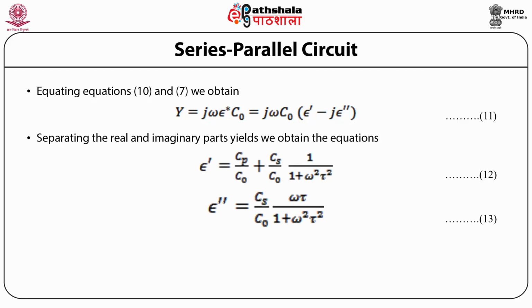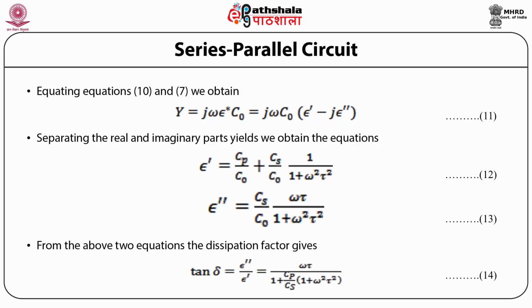Separating the real and imaginary parts, we obtain the equations epsilon prime equal to Cp by C0 plus Cs by C0 into 1 by 1 plus omega square tau square, and epsilon double prime equal to Cs by C0 into omega tau divided by 1 plus omega square tau square.